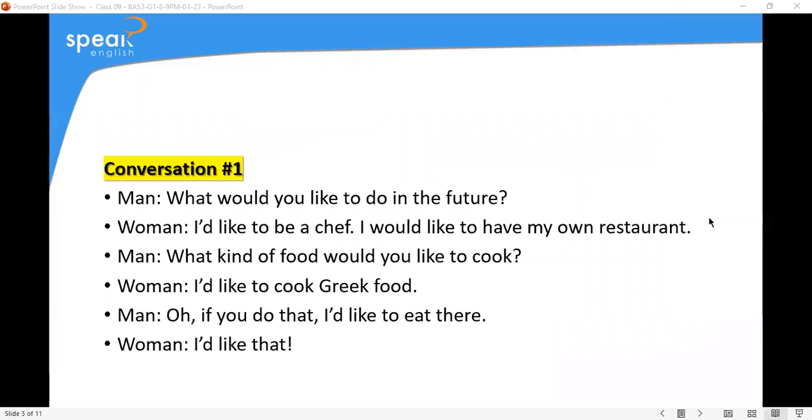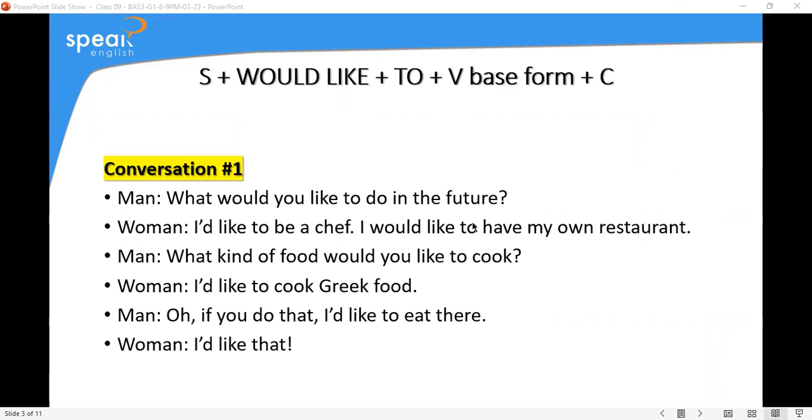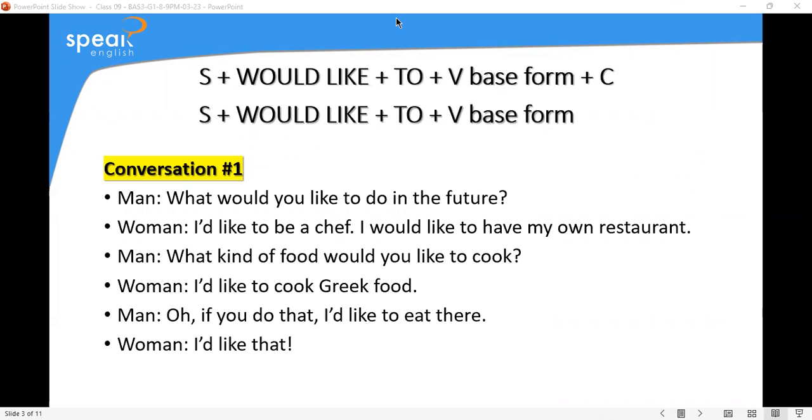In the first conversation, we will practice the structure for would like, the one that we were checking on Friday, okay? So we are going to start with this one.